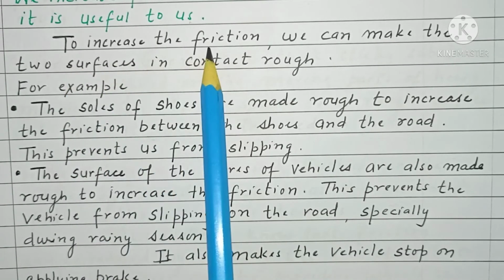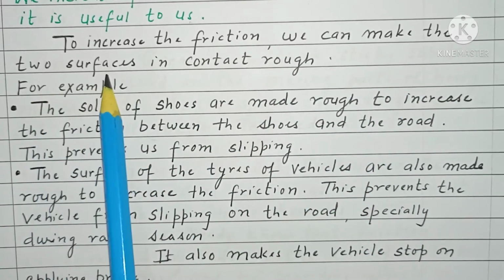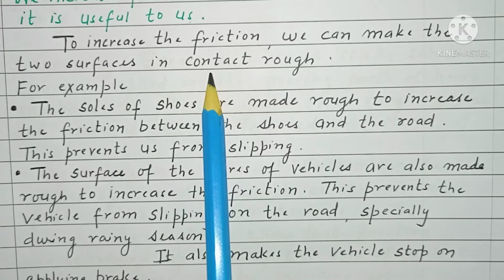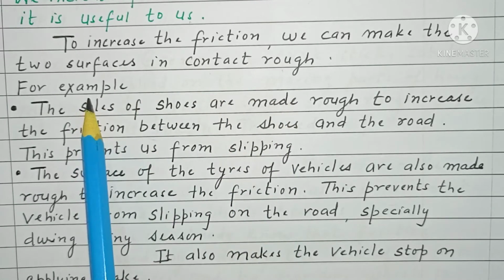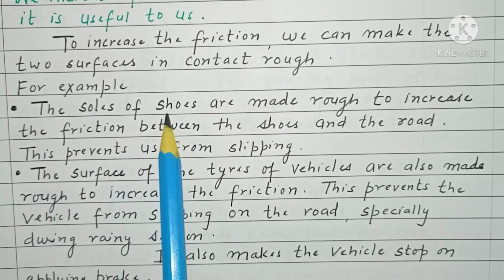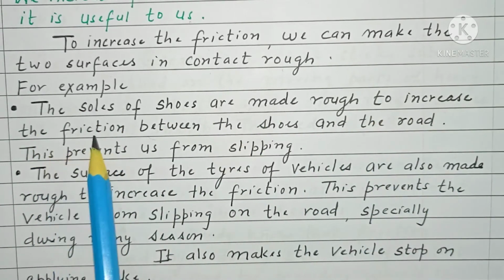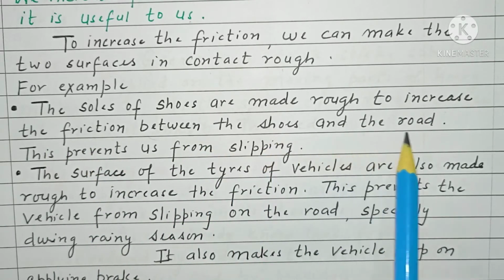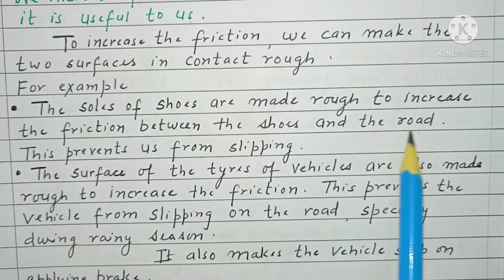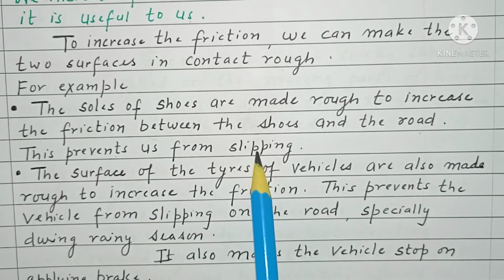To increase the friction, we can make the two surfaces in contact rough. For example, the soles of shoes are made rough to increase the friction between the shoes and the road, and this prevents us from slipping.